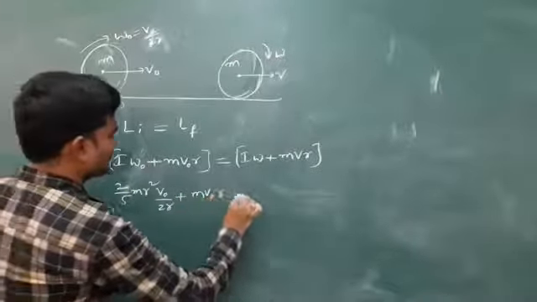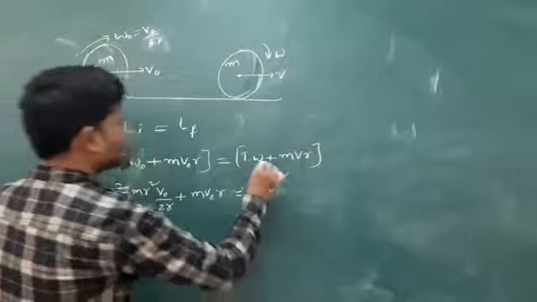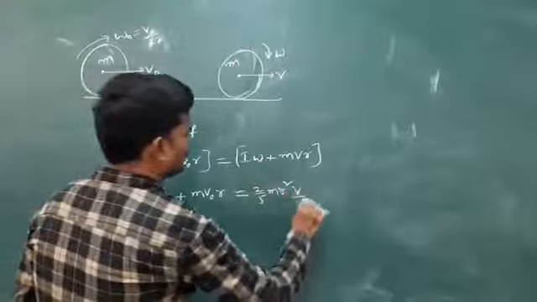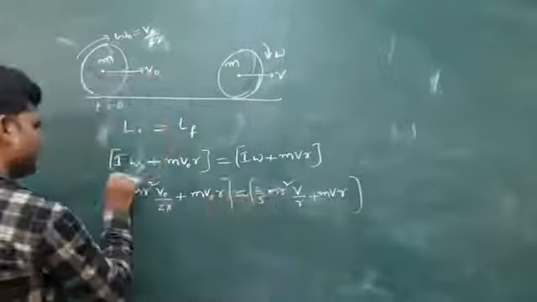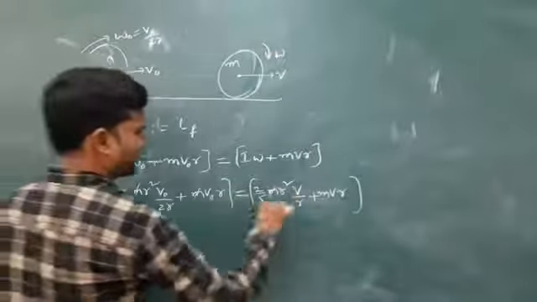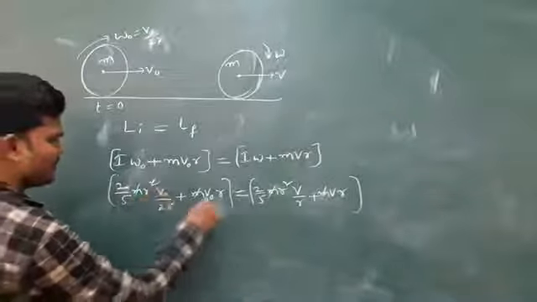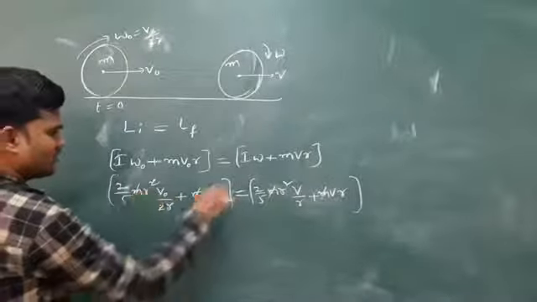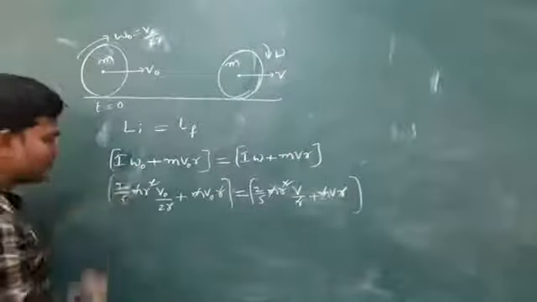So m v naught r plus 2 by 5 mr square times omega, write v by r, equals mvr. So m gets cancelled everywhere, and the r values also cancel out.